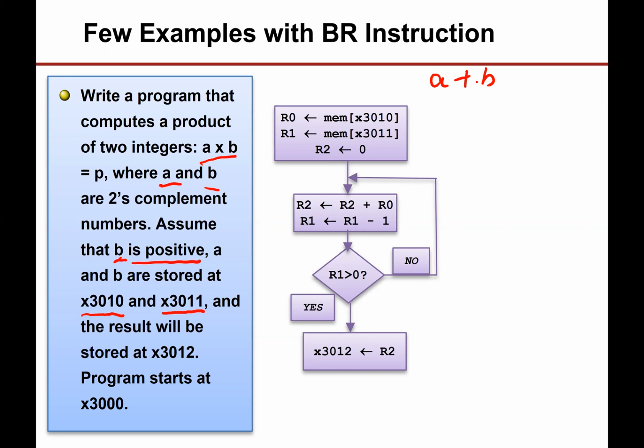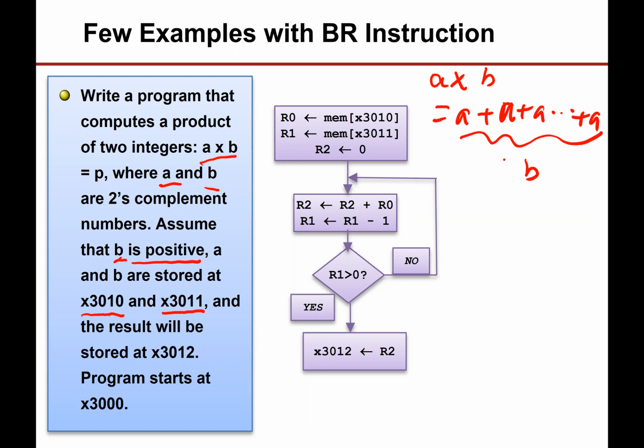A times B equals A plus A plus A plus A. How many A's? B A's, right? So then we can use the same process to do the calculation.